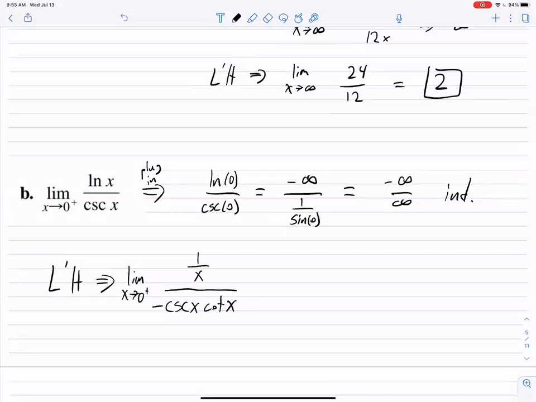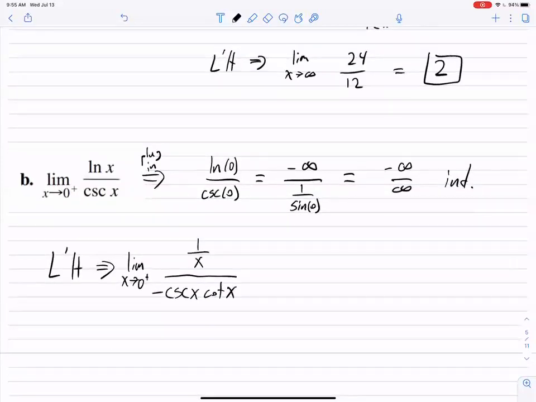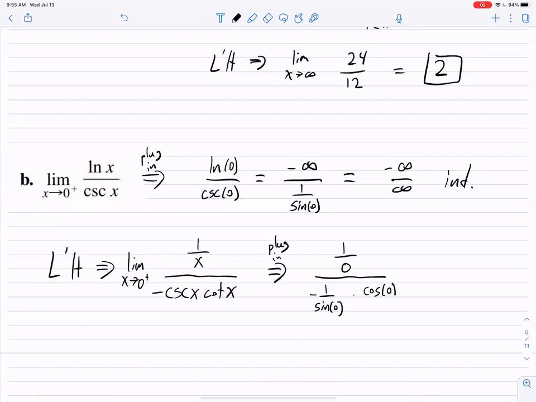Okay, and so we can try plugging in. If you try plugging in 0, you get 1 over 0, and then negative 1 over sine of 0, because cosecant is 1 over sine, and then cotangent is cosine over sine, so cosine of 0 over sine of 0.